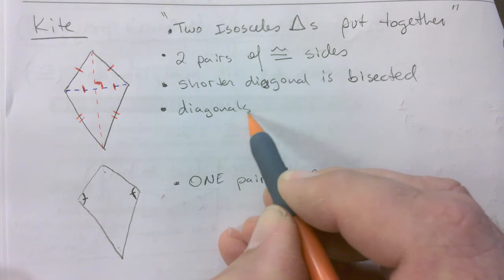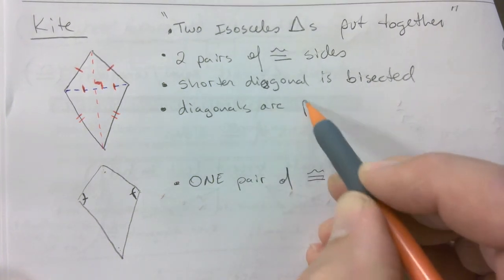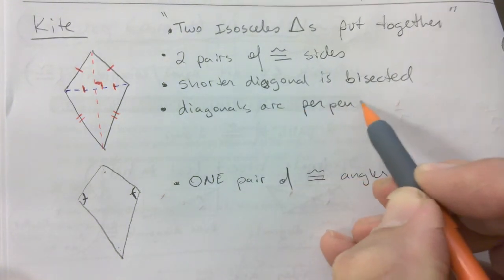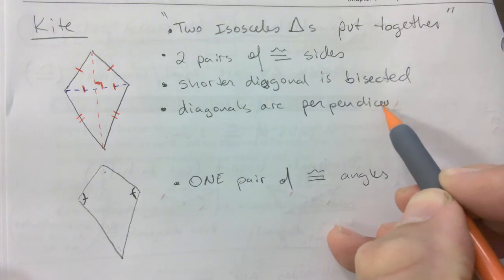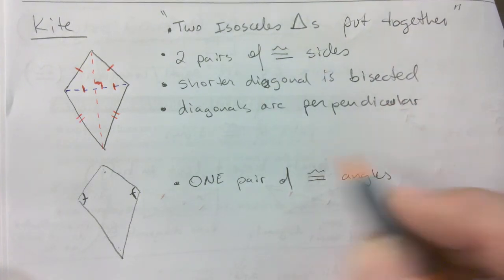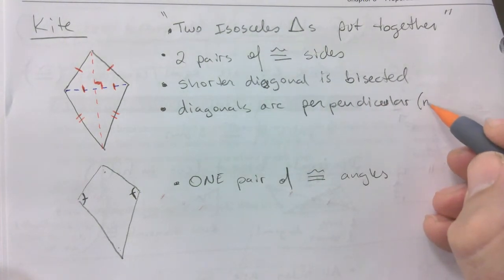Diagonals are perpendicular, i.e. they meet at 90, right?